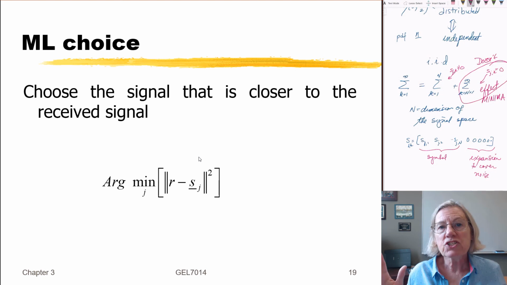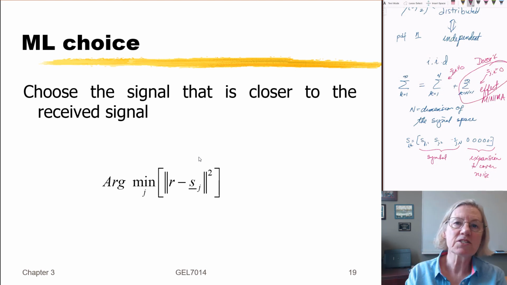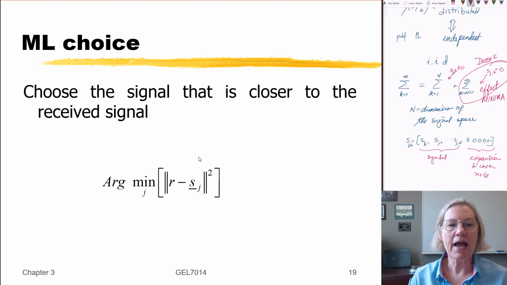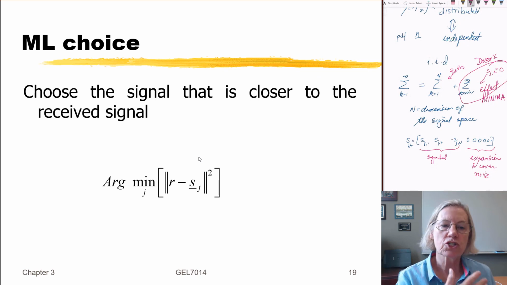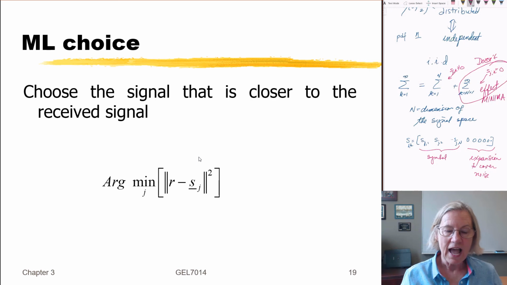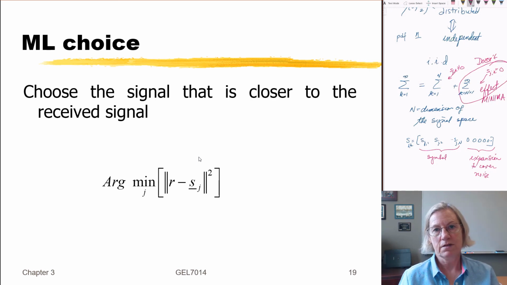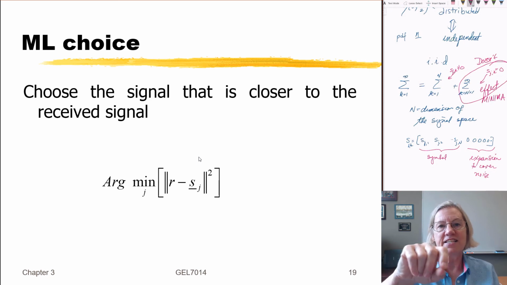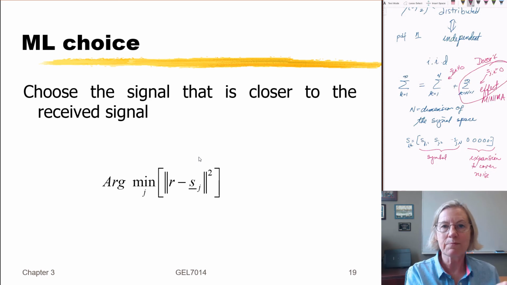The maximum likelihood choice, well, we don't have to go through the math again. It's really just the same thing, except now we have no weighting. We just choose the closest symbol. So if we think of our signal space, we have a collection of basis vectors which defines it. We have a received signal, we project it into this space, and it becomes a vector which falls somewhere in this space.